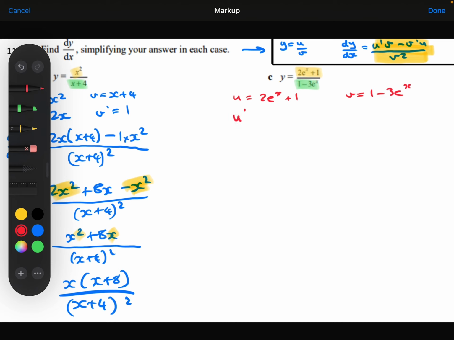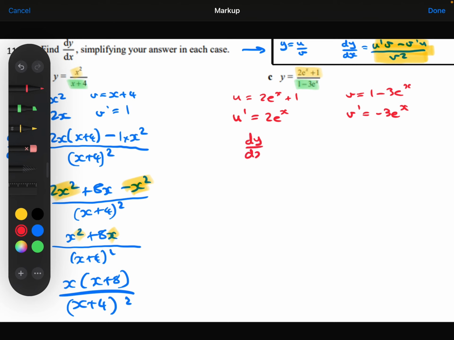Differentiating the 2e to the power x plus 1: the 2e to the power x differentiates to be 2e to the power x, and the 1 will differentiate to be 0. The v, well, the 1 is going to differentiate to be 0, and the minus 3e to the power x will differentiate to be minus 3e to the power x.